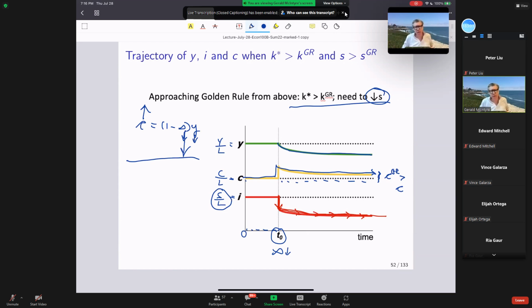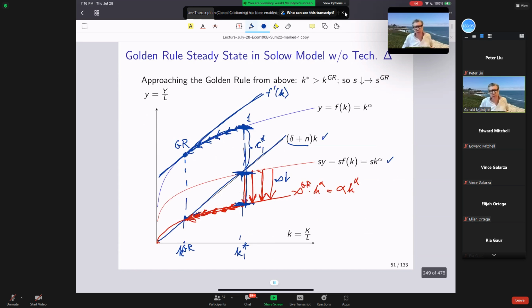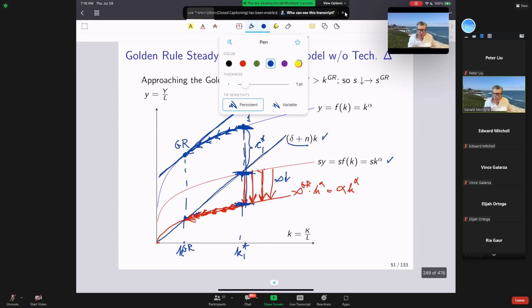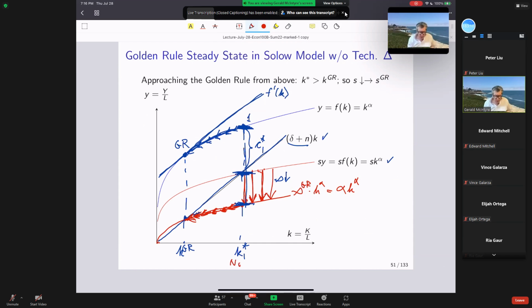That if we go back to the previous slide, no democracy will ever be at K1 star, which is greater than the golden rule K1. They'll never be out here. Now I want to explain what they mean by that. Okay?